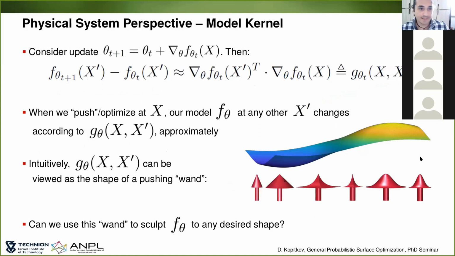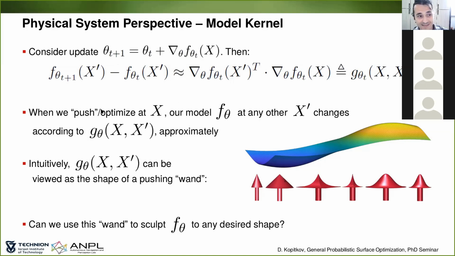All right, so the next part to understand before we talk about the physical system perspective is the update of this simple form here. Let's take our theta and add to it some model gradient at some point x. Then we can show that at any other point x tag, our model changes according to this kernel here, the model kernel. And this is the first-order Taylor approximation, so it is usually very close to being true.